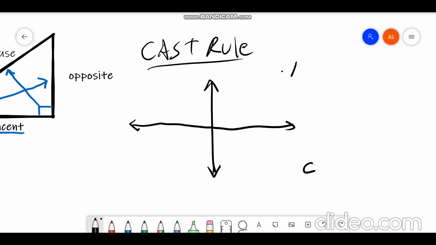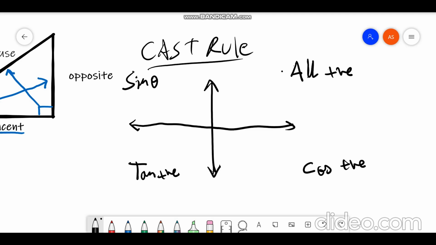The next goes on the top, and the one next goes to the left. So this is the CAST rule. This C says that cos is positive, this A says that all of them are positive, this S says that sine is positive, and this T says that tan is positive.